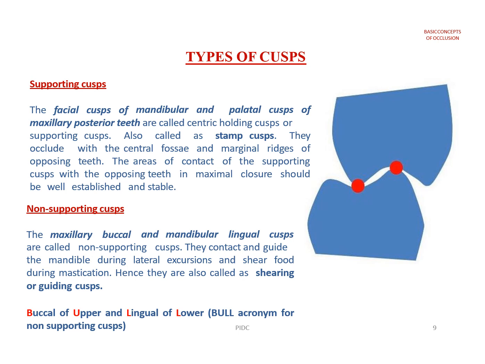Now what are non-supporting cusps? The maxillary buccal or facial, that is this one over here, and your mandibular lingual, are called non-supporting cusps. There is a small acronym which is given here. It's called BULL for non-supporting cusp. So this can be your MCQ or 2-mark question, right? Buccal of upper and lingual of lower.